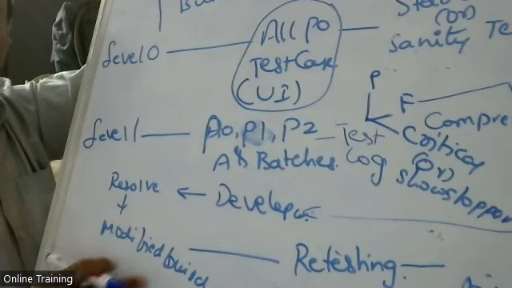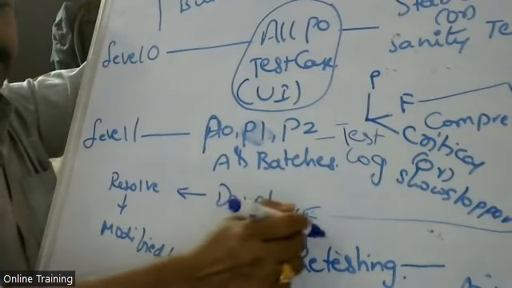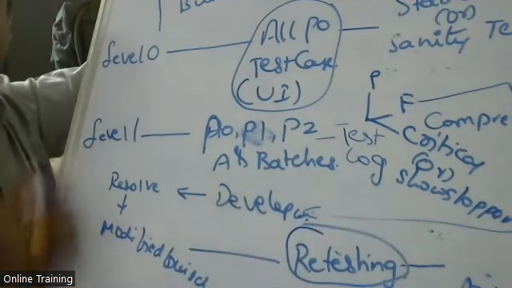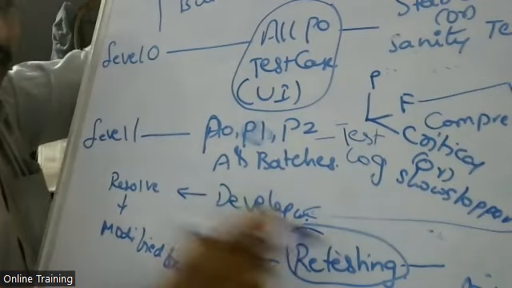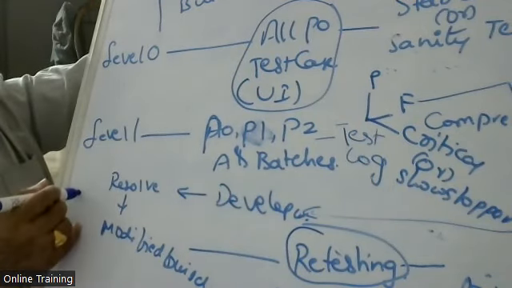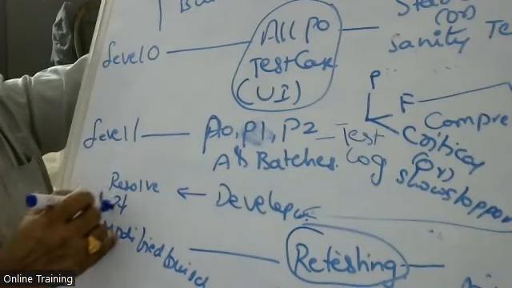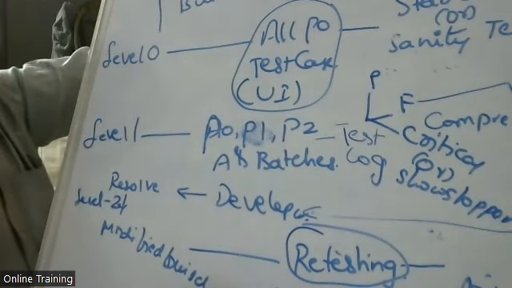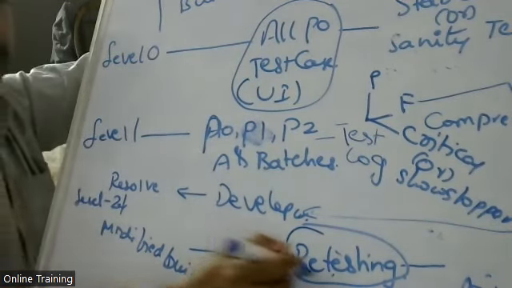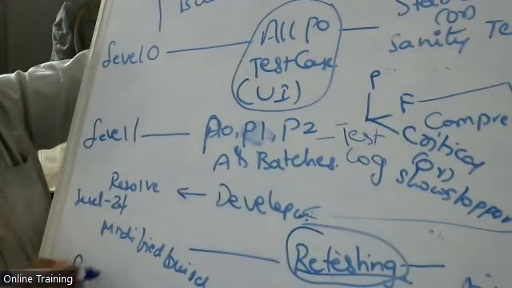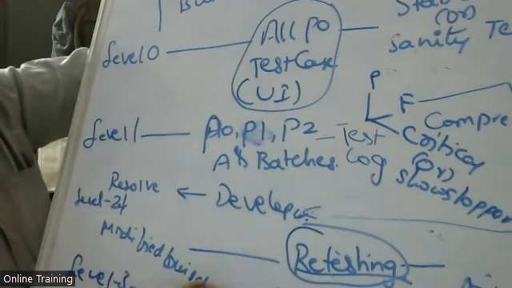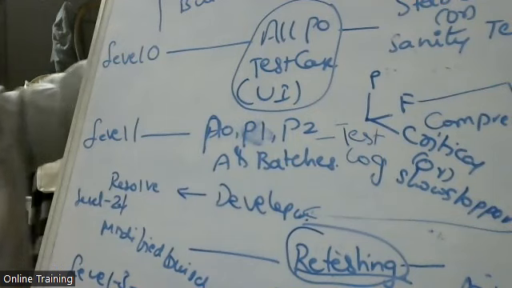Once you get the modified build, we do the retesting. This is level 1, this is level 2. In level 2, we do the retesting build, and in level 3, we do the regression testing.